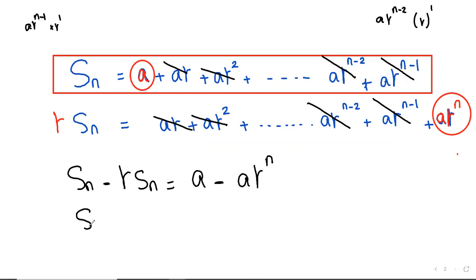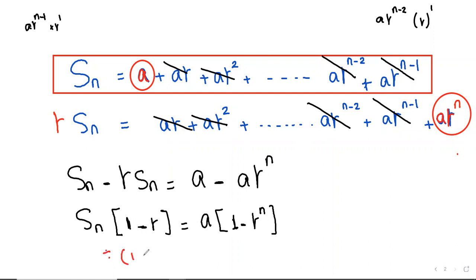We can take Sn as a factor, then in the brackets we have 1 minus r. And here we can take a as a factor, then you will get 1 minus r to the power of n. So to get the value of Sn, divide both sides by 1 minus r.